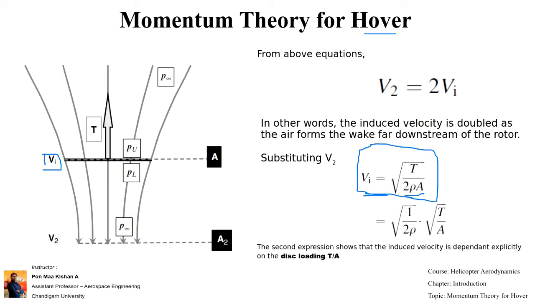To hover, the main agenda is to lift the weight, so thrust will be equal to weight. We are applying this in our hovering climb condition also. Now we will get back to the previous presentation.